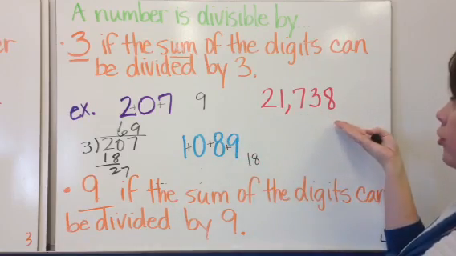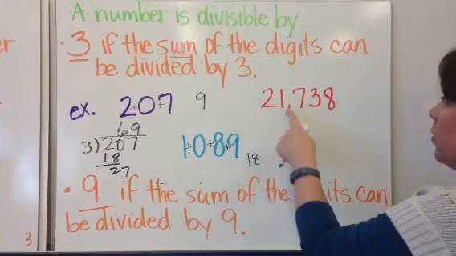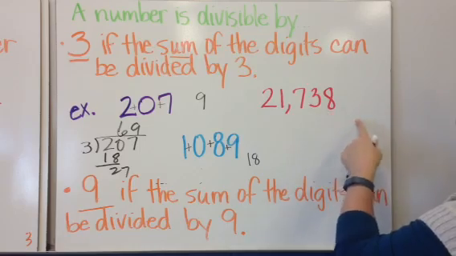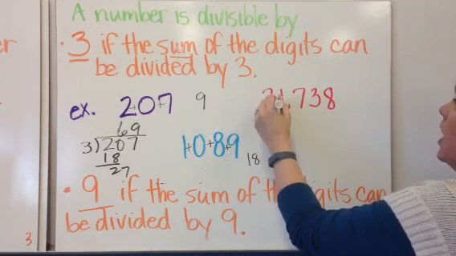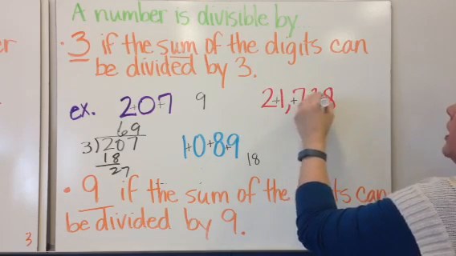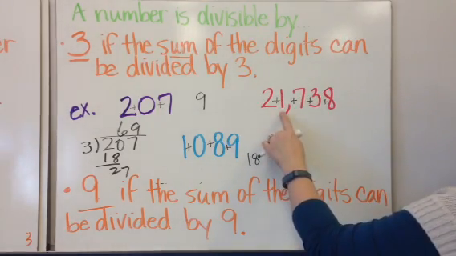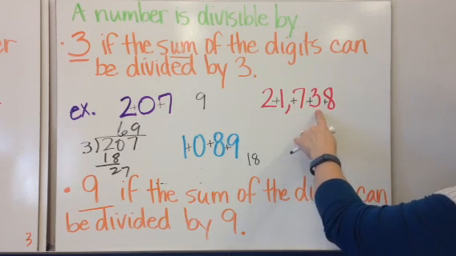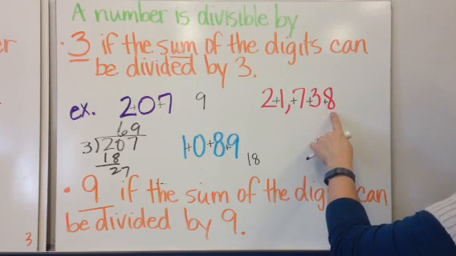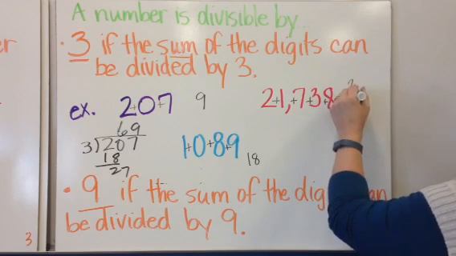Let's look at this larger number, 21,738. Again, I take the sum of the digits, 2 plus 1 plus 7 plus 3 plus 8. Okay, 2 plus 1 is 3, plus 7 is 10, plus 3 is 13, plus 8 is 21.